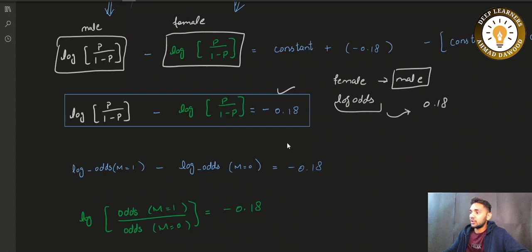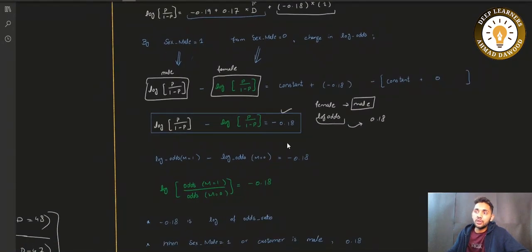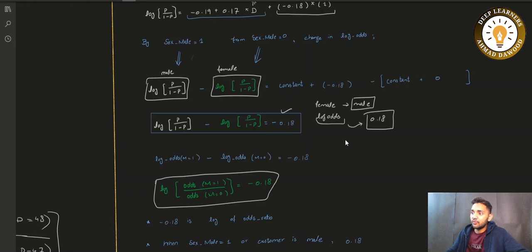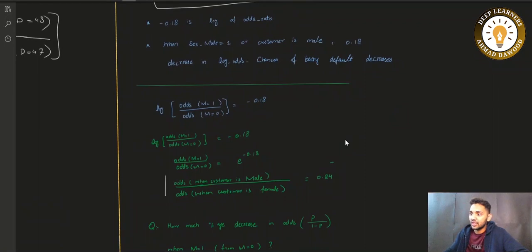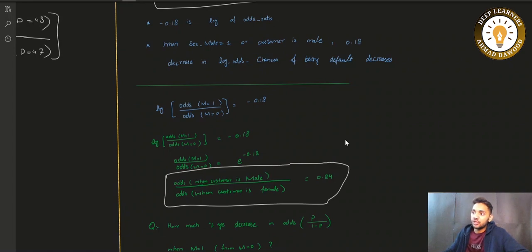In the same way as we did in the case of duration, we can interpret our coefficient in terms of odds ratio. Here it is in terms of log of odds, and if we move the log to the other side, it becomes the odds ratio, when you take e raised to the power minus 0.18.